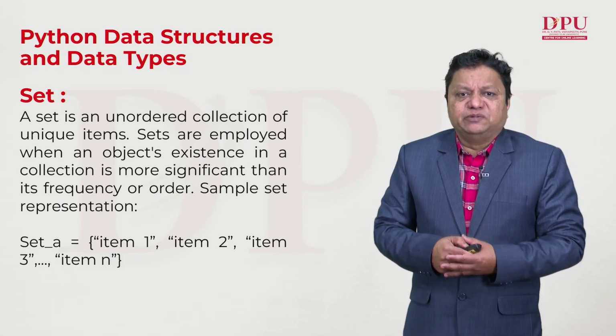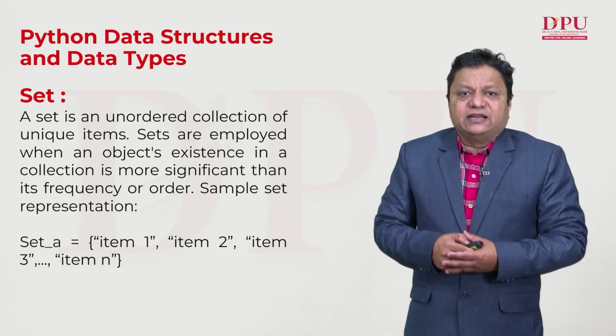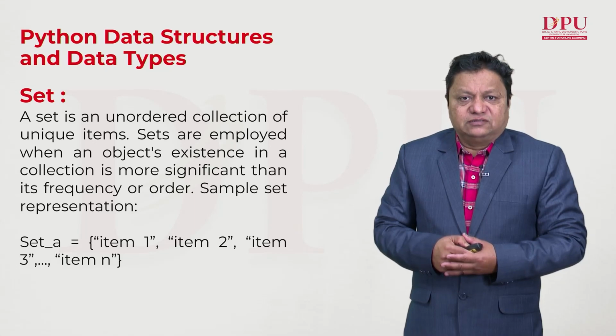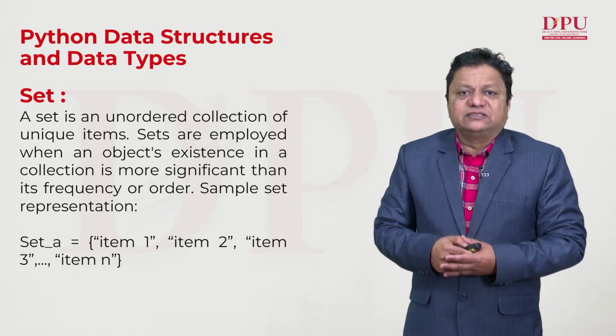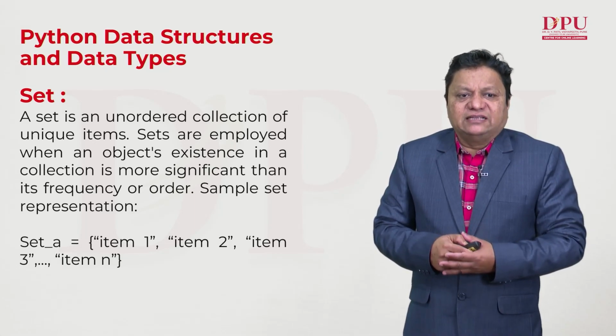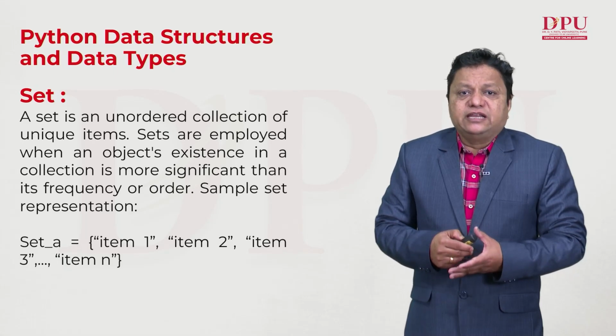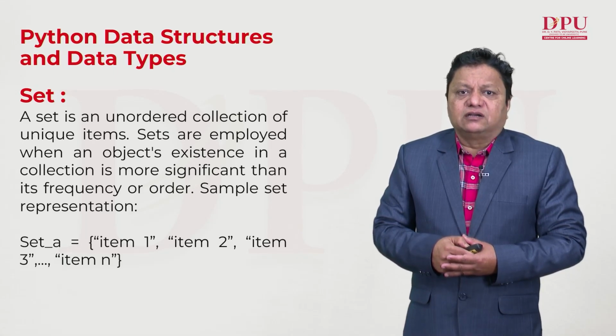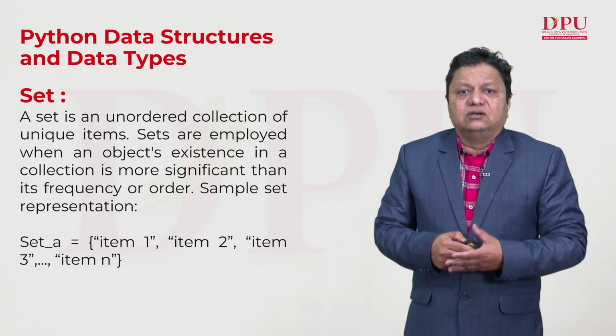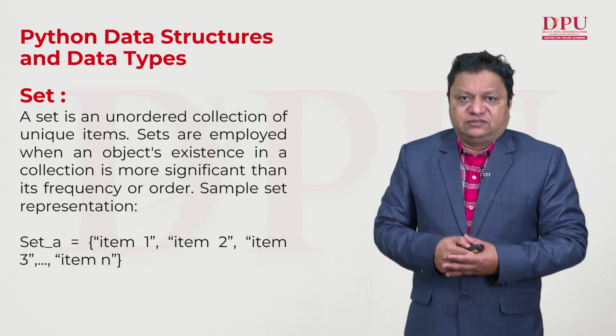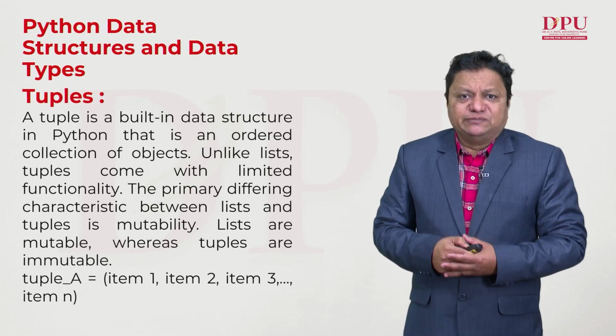So the main difference between list and set is that list is an ordered collection of items where duplicate items can be inserted, whereas set is an unordered collection of unique items. Means what? In case of set we cannot insert duplicate values, and again it is unordered. So this is the basic difference between list and set.